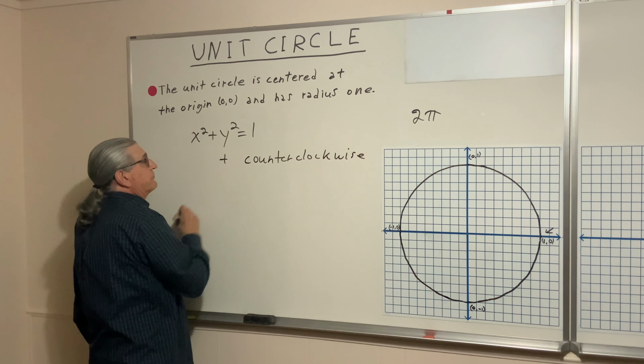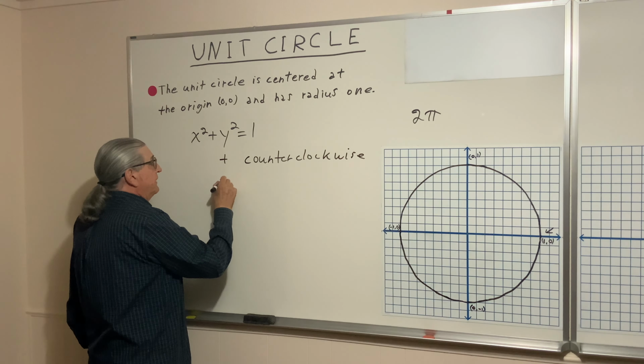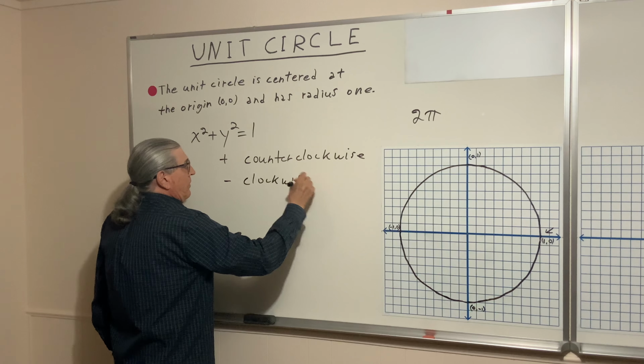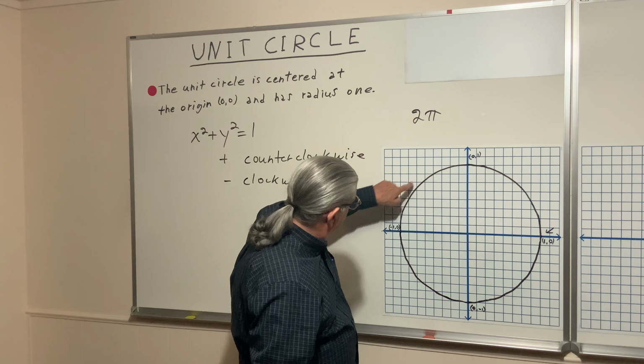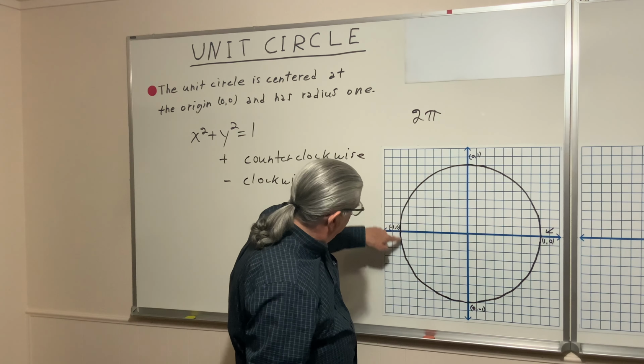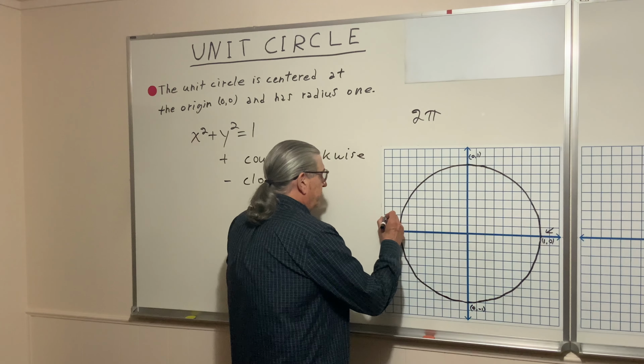So positive for counterclockwise, negative for clockwise. If we were to go all the way around like this, that would be 2 pi. If we only go halfway around, this would be pi.